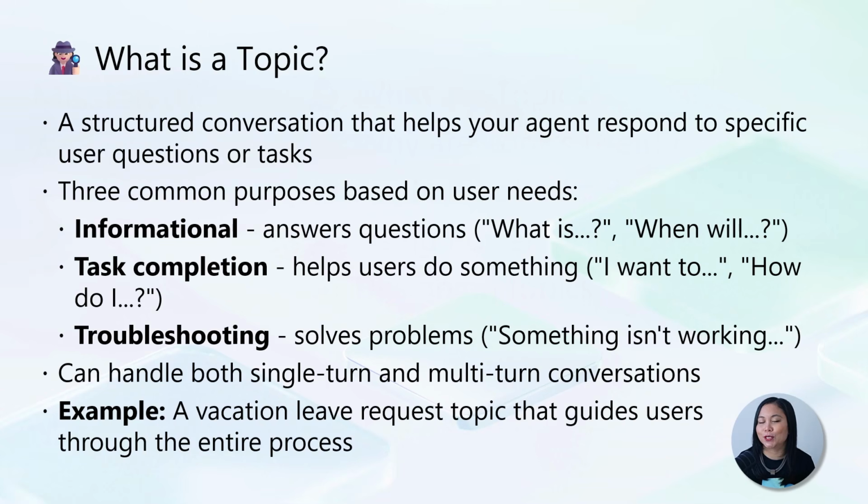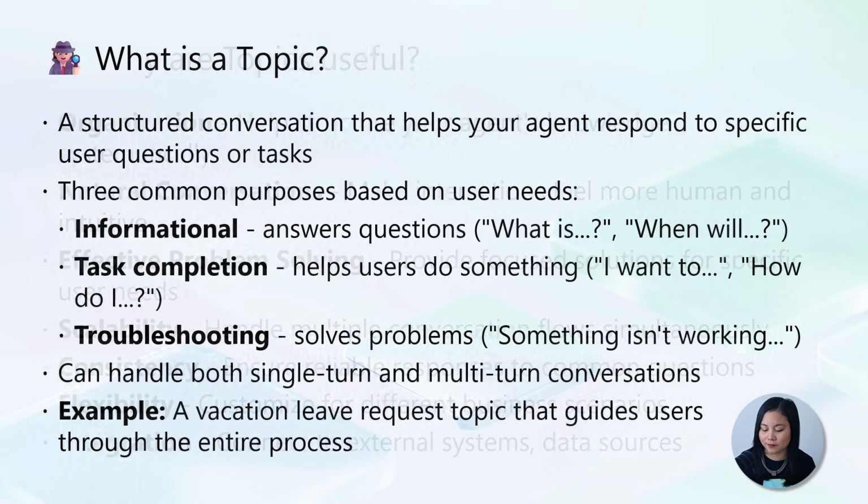Or helping users complete tasks like, I want to request time off, or solving problems like, my computer won't start. Topics can handle both simple one-question scenarios and multi-turn conversations that guide users through entire processes step by step. For example, you could have a vacation leave request topic to guide users through this process.